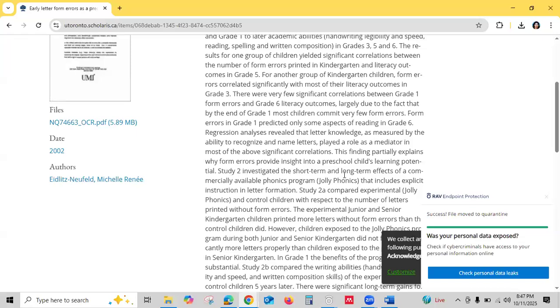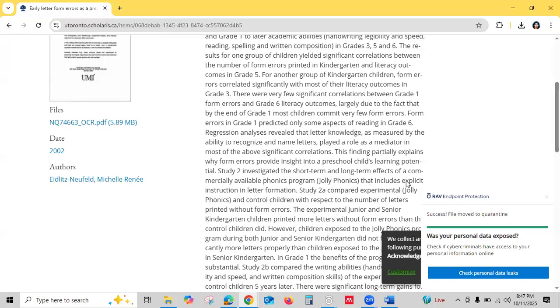Study 2 investigated the short-term and long-term effects of a commercially available phonic program. That means they have those phonic programs, like Jolly Phonics that you were talking about previously. Jolly Phonics is something we use to teach them to pronounce words, right? So this is one of the strategies that you can use with your students.